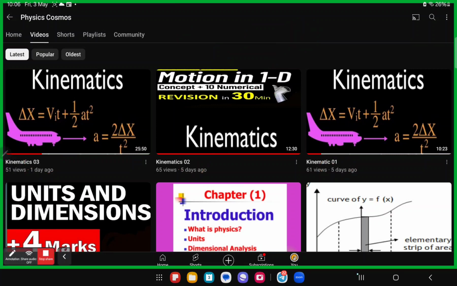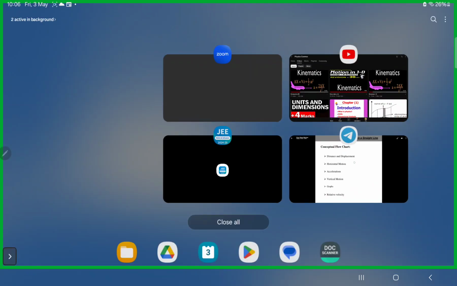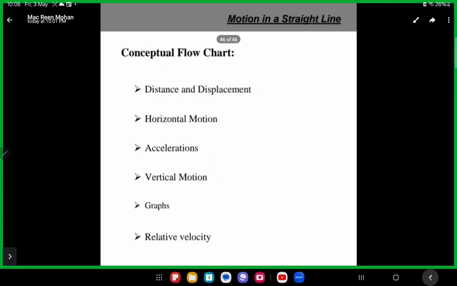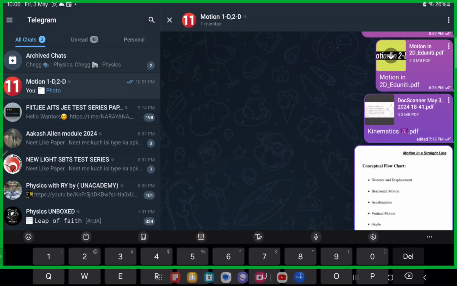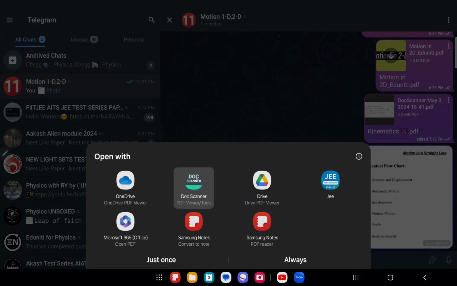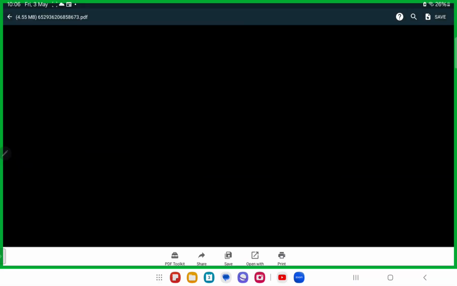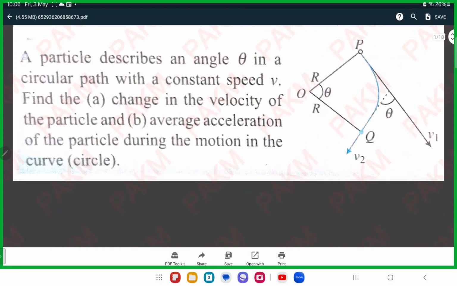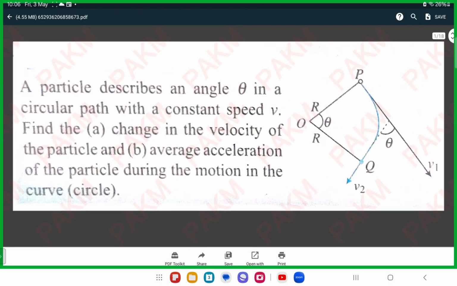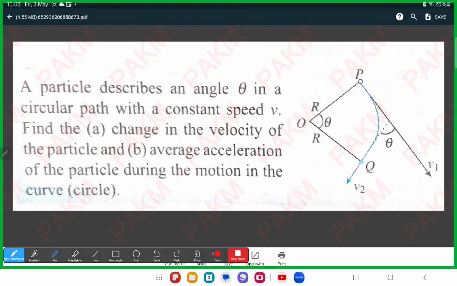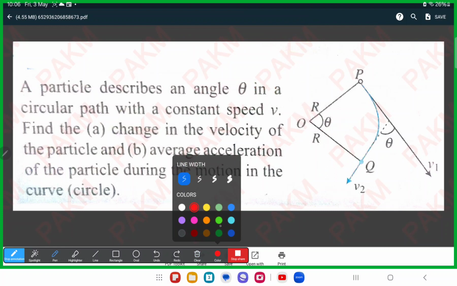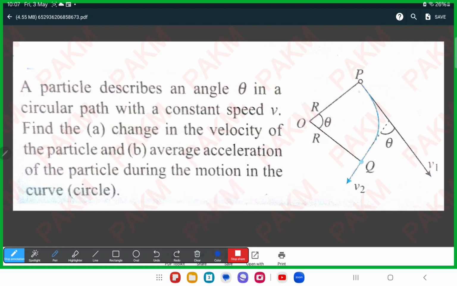So let's quickly see today's video and today's topic. Here this is question number 1. Now a particle is described at an angle theta. Fine.